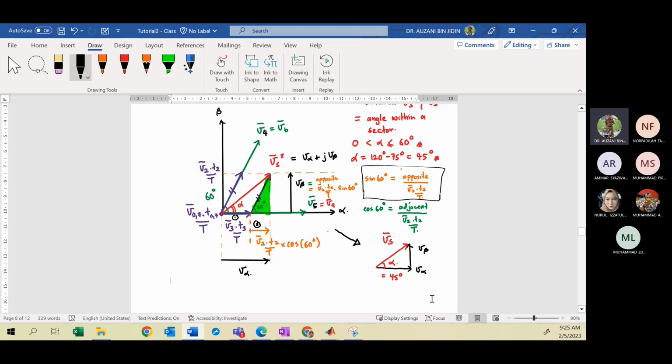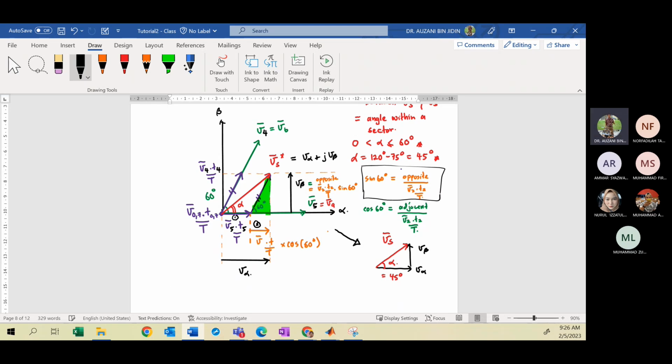So then you can change also the subscript here. So the same goes to here. So here V5, right? V5, T5 per T. This one, V4, right?